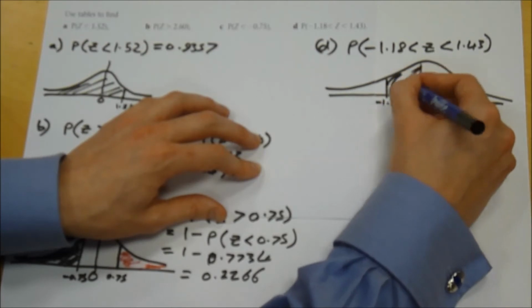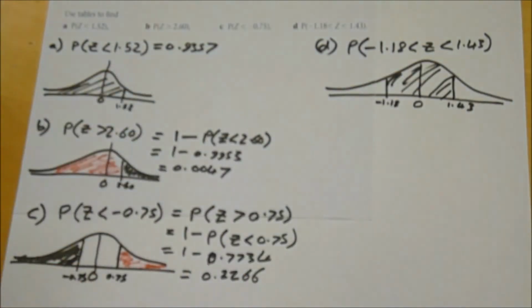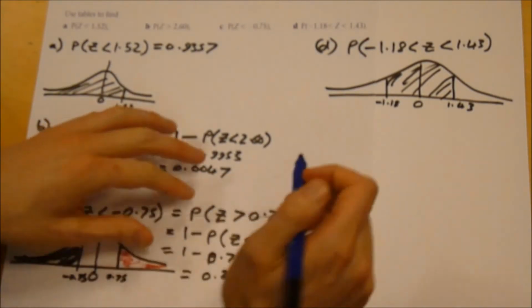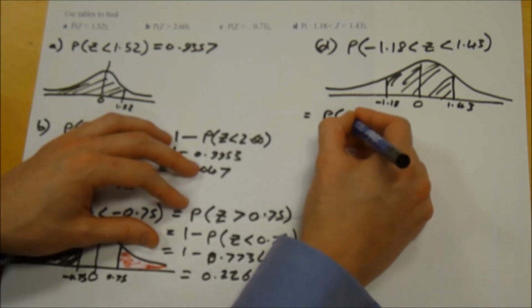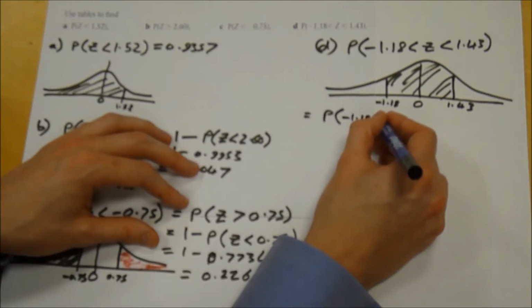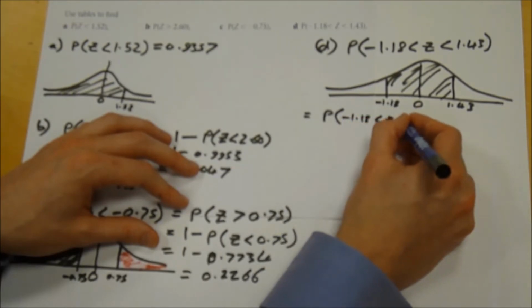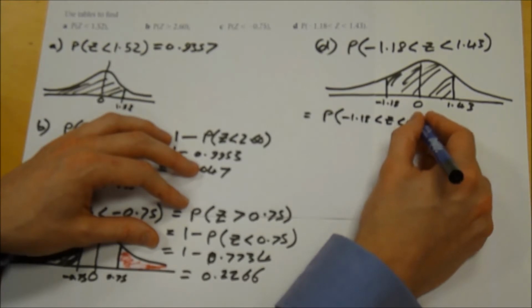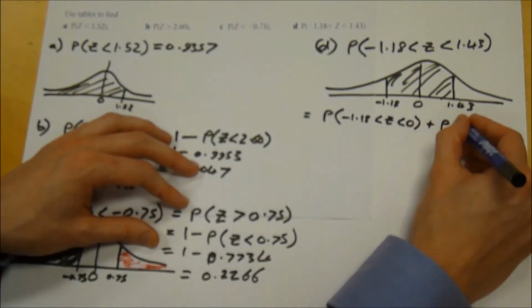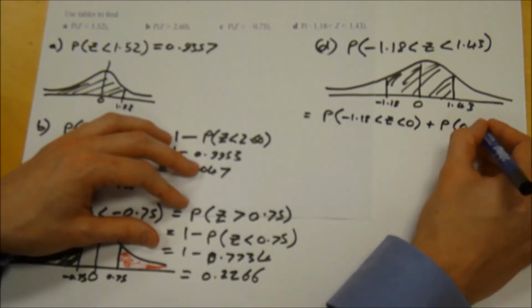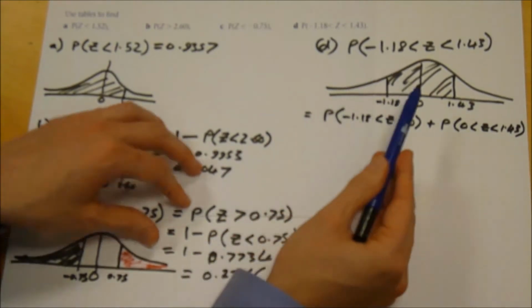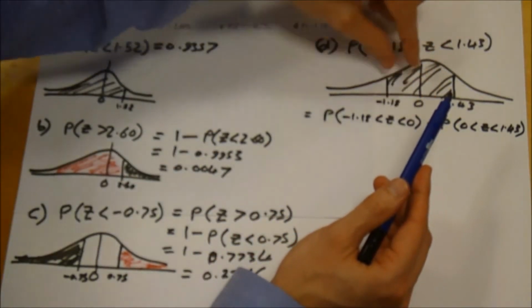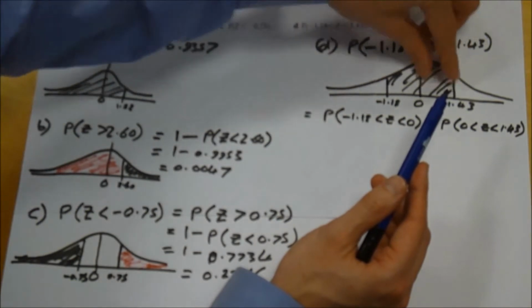1.43, this area here. Okay, now to work that out, I'm going to split that up, because that equals the probability that Z is between minus 1.18 and 0, plus the probability that Z is between 0 and 1.43. Okay, so I've split it into the two halves. I'm looking at this part on the left, and then I'm looking at this part on the right.